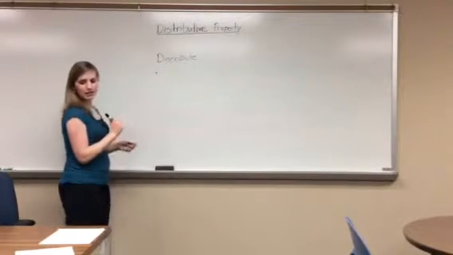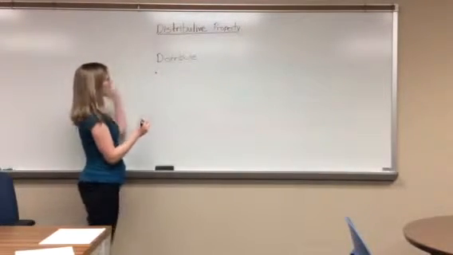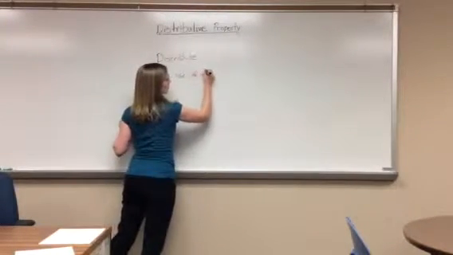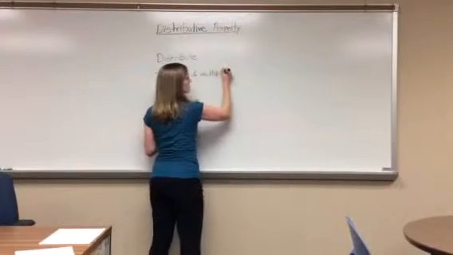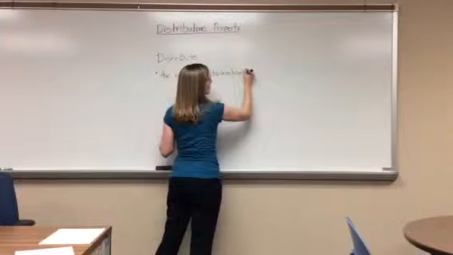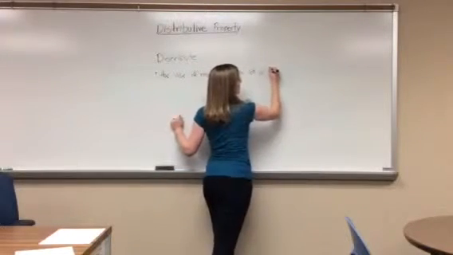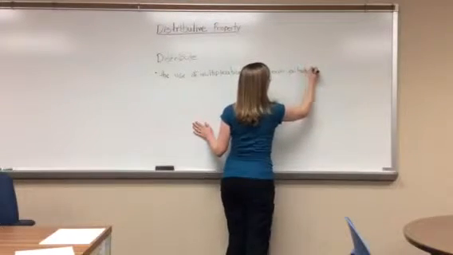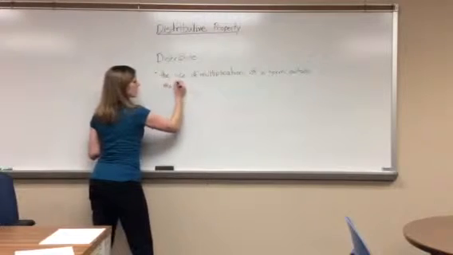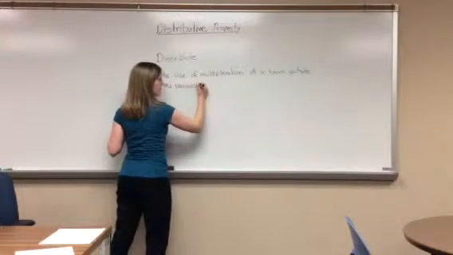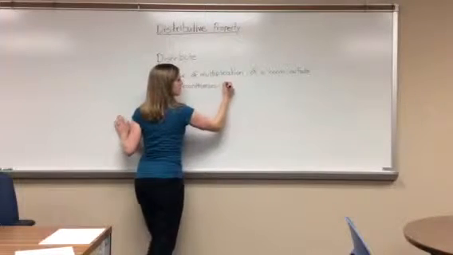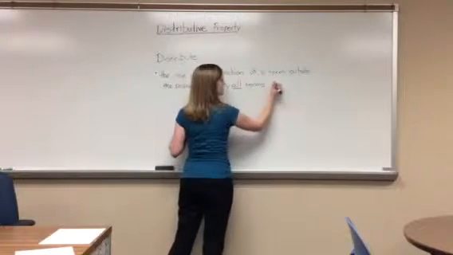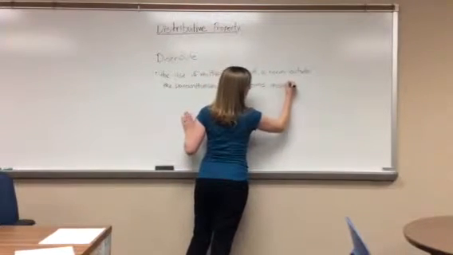So on your guide, go ahead and write this down with me. The distributive property is the use of multiplication of a term outside the parentheses by all terms inside the parentheses.